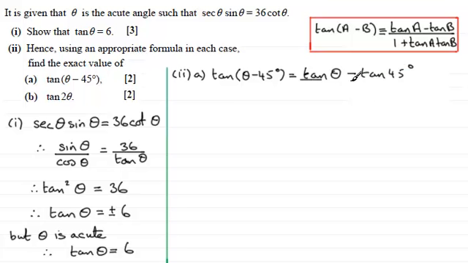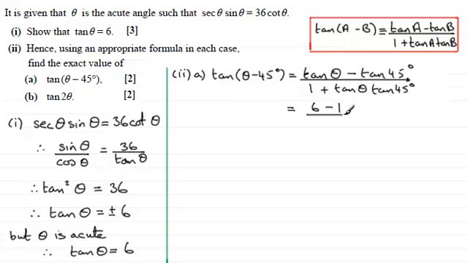And we divide that all by 1 plus tan a, that's tan theta, multiplied by tan b, which is now the tan of 45 degrees. And we know that the tan of theta is 6, so we've got 6 here. And the tan of 45 degrees, well-known result, it is 1.